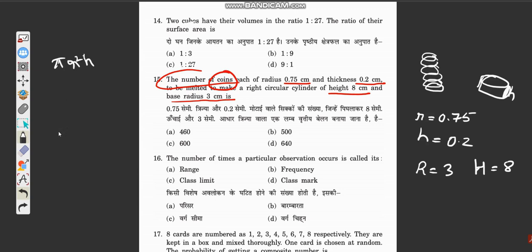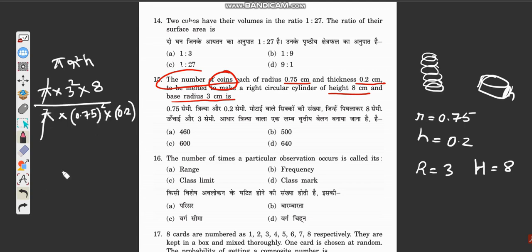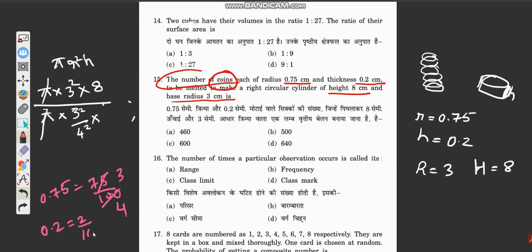So bigger volume is pi, r means 3 square, h means 8, by smaller one means coin, pi, 75 by 100 square, that is 3 by 4, into 2 by 10. 3 square cancelled.